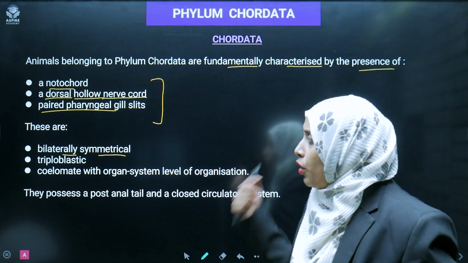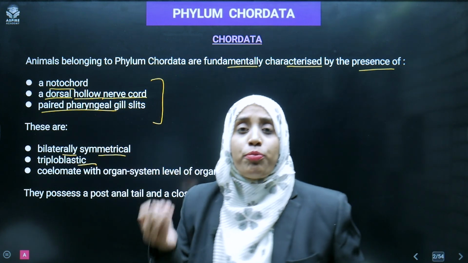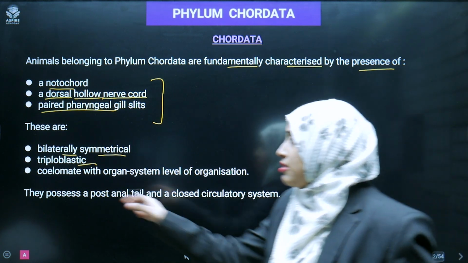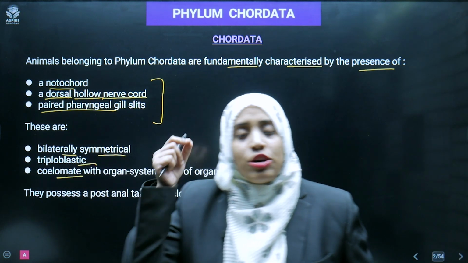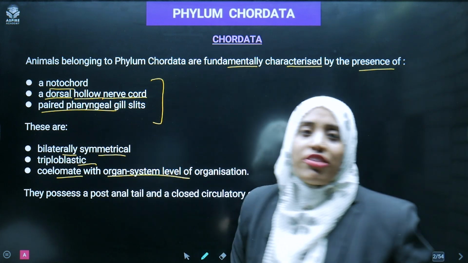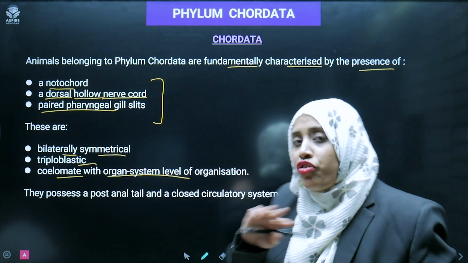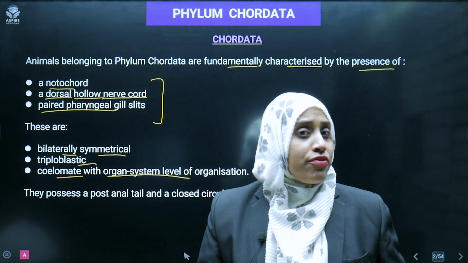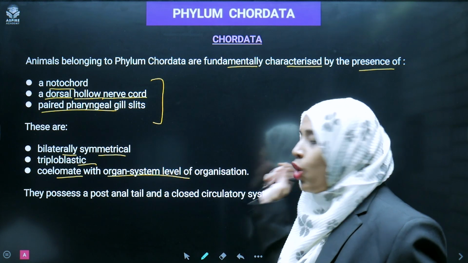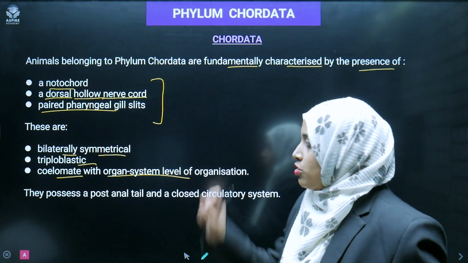They are triploblastic because they are made up of three germinal layers. Another thing is they are coelomate: the coelom is present in chordates. They have an organ system level of organization, that means a fully well-developed organ system will be present: respiratory, circulatory, excretory, everything well developed in chordates.